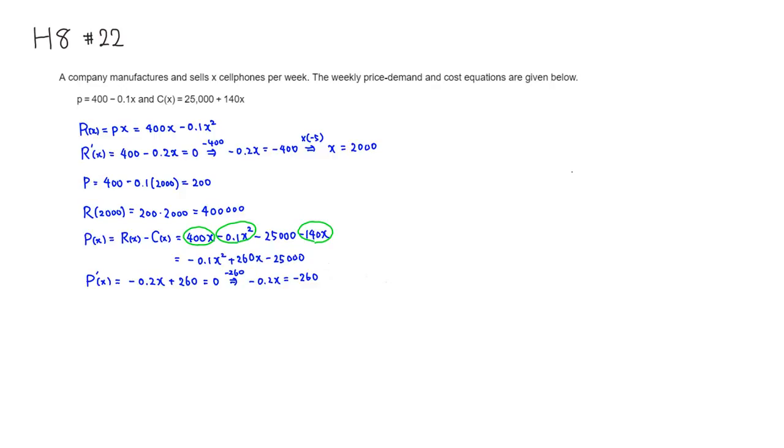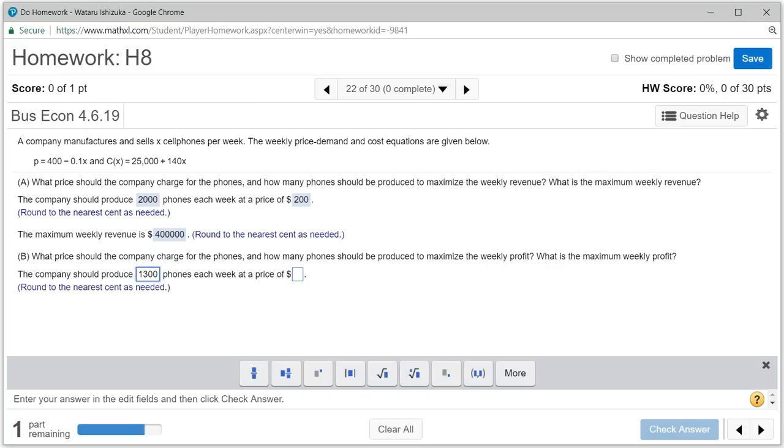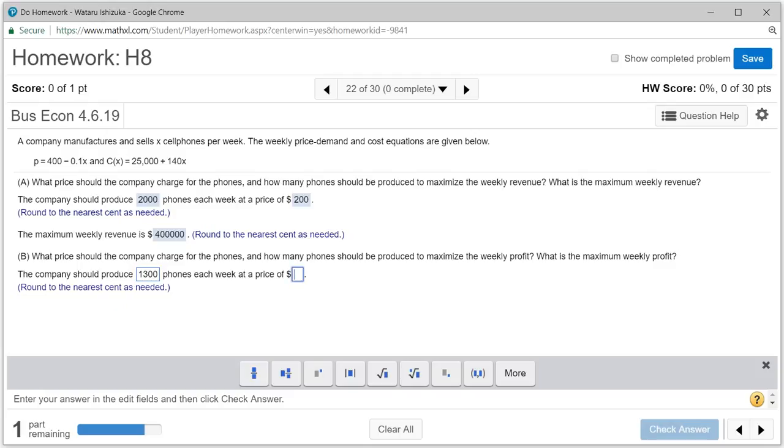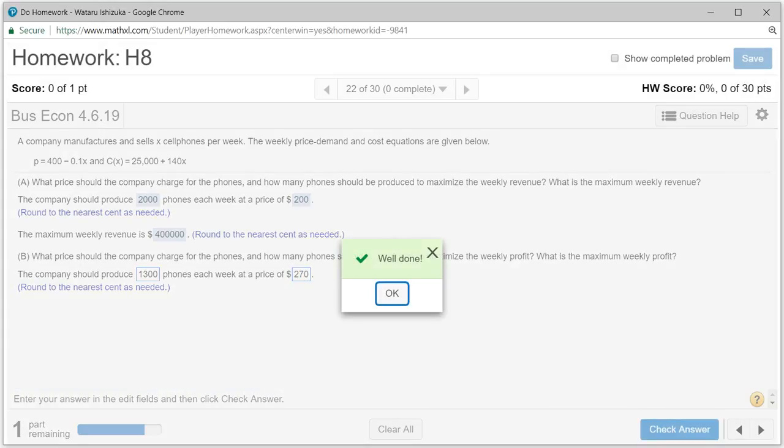Then we can multiply by negative 5, so we get x equal to 1300. The price P is 400 minus 0.1 times 1300, so it's 400 minus 130, which is 270. So the price is 270. Let's check the answer. We got that.